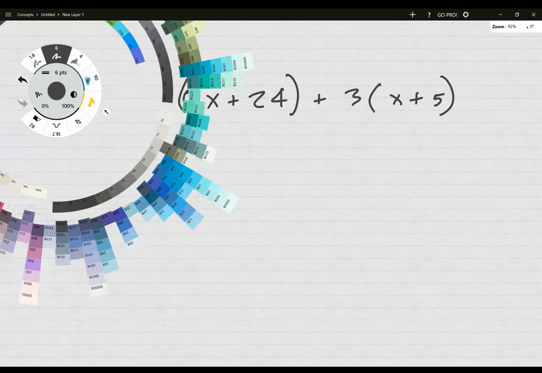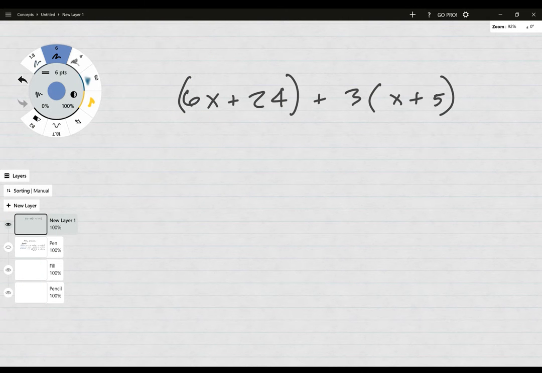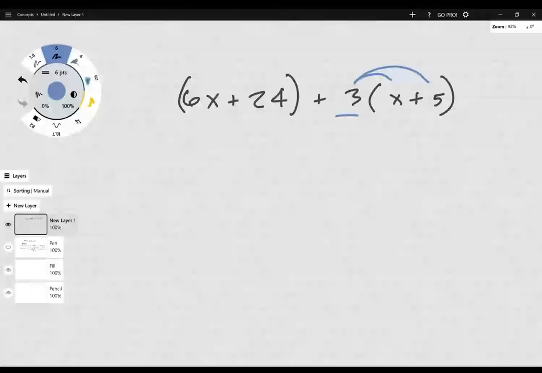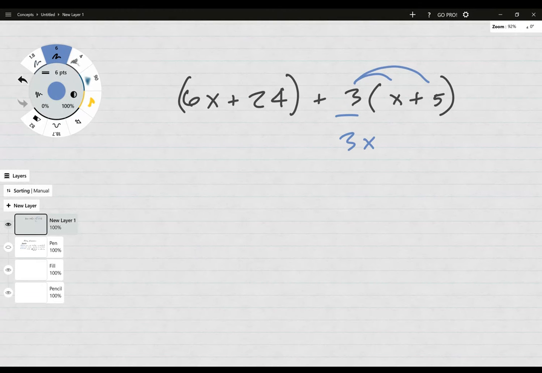I can see that I have a coefficient of 3 outside a term. So I'm going to use the distributive property. So meaning I'm going to multiply the 3 by each term inside my parentheses. So 3 multiplied by x just becomes 3x. 3 multiplied by 5 is positive 15.